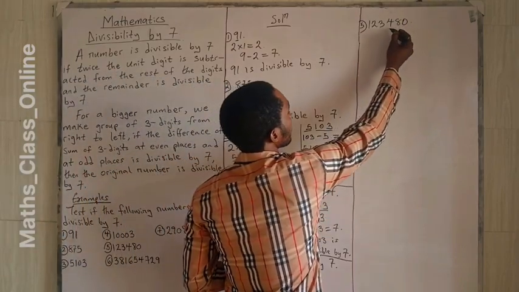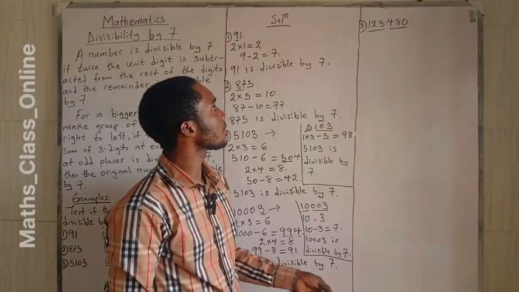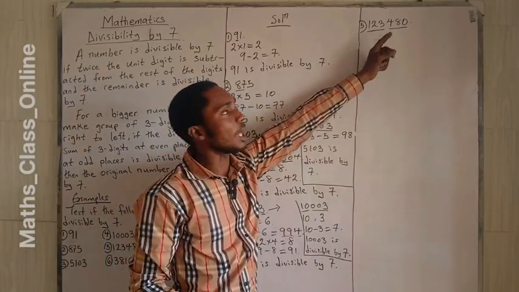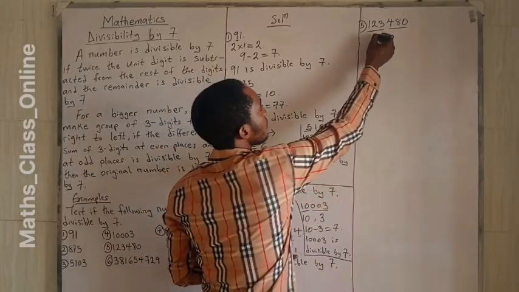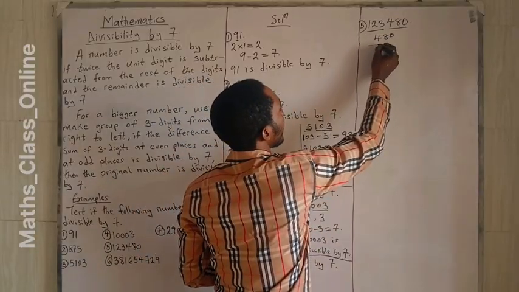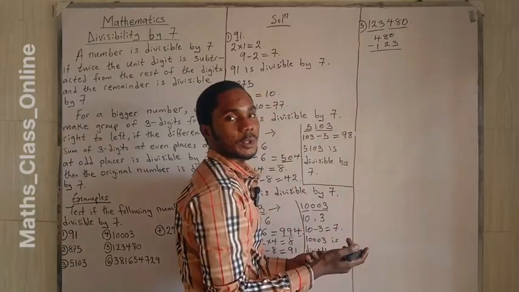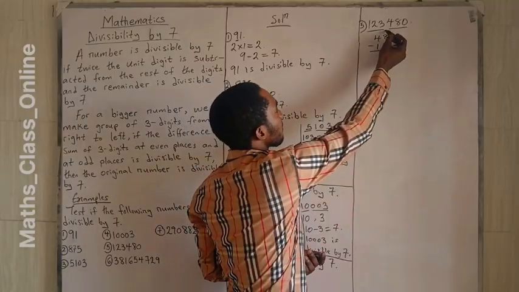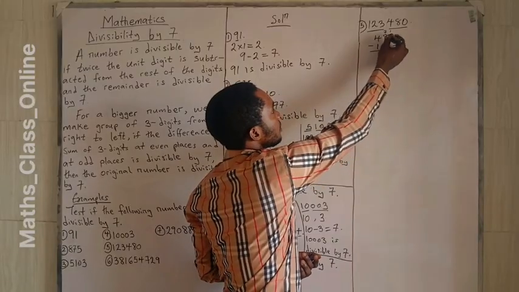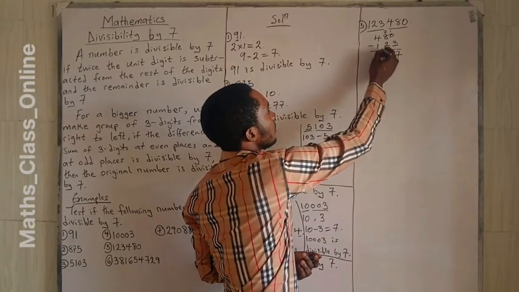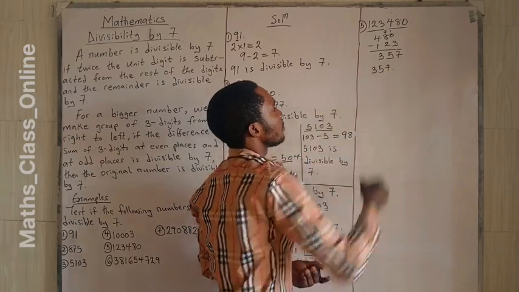The first group is 123, and the second group is 480. Let's take the difference. 480 minus 123. 0 minus 3 is not possible. Let's borrow 1 from here. This should be 7, and we have this to be 10. We have this to be 357.